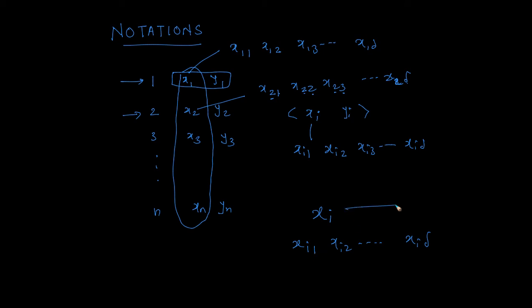So if I write this as xij, right? This means ith data point and jth feature. Okay.